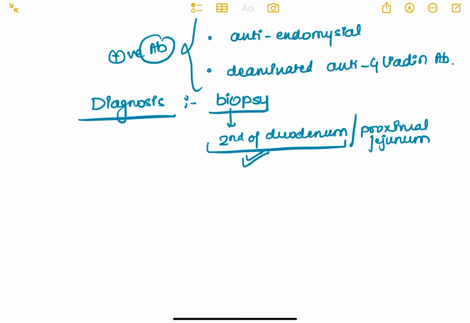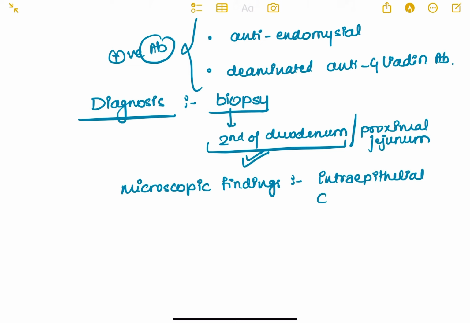Next, what are the microscopic findings that will be found on biopsy of the second part of duodenum? The microscopic findings are that there will be intraepithelial CD8 plus lymphocytes.